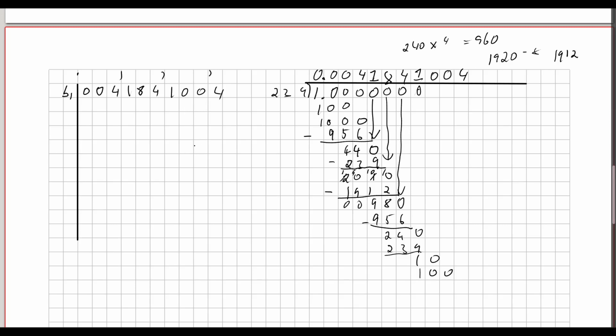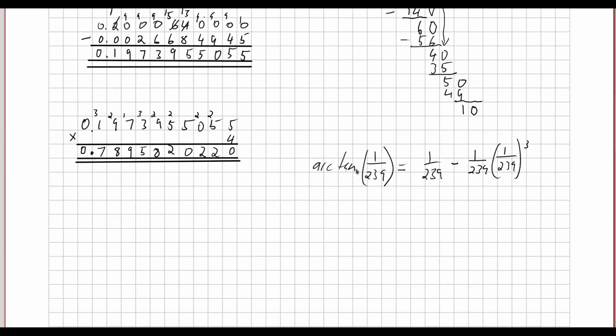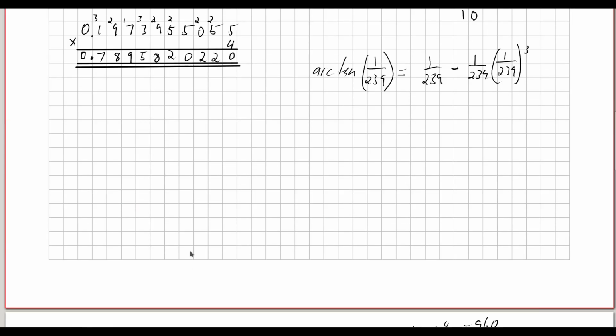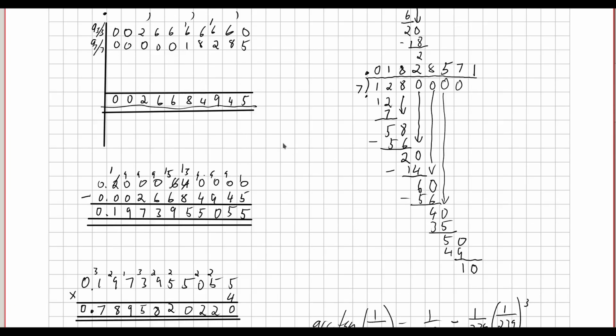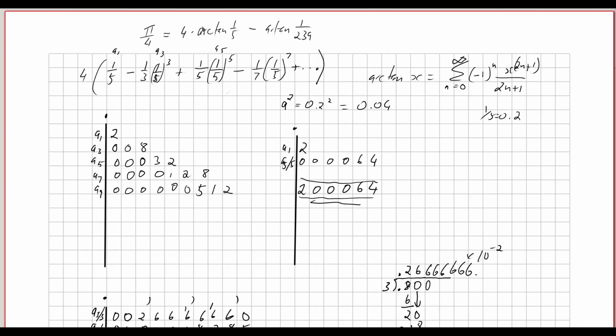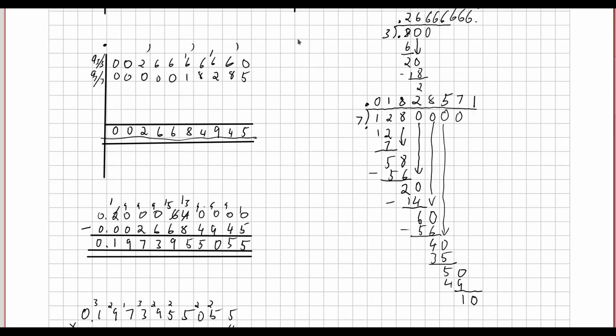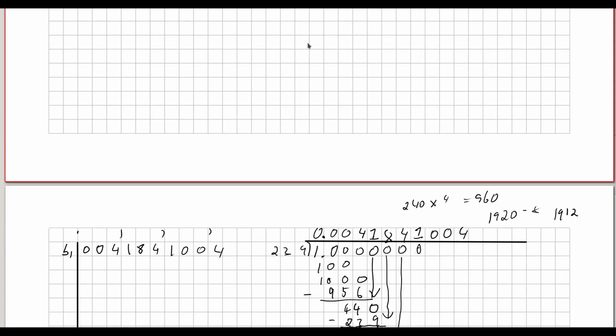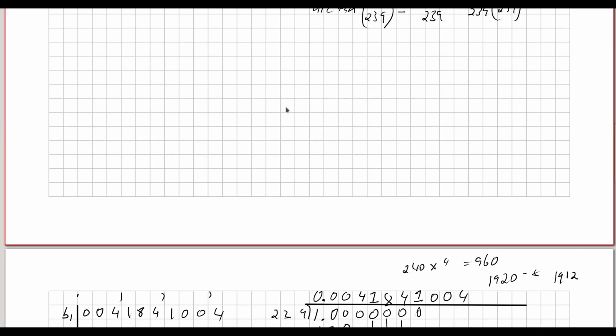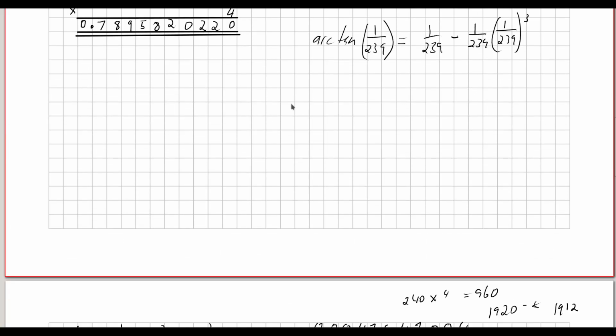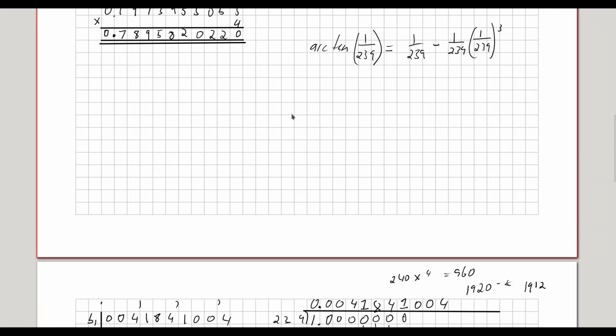So now we'll have to take this value away from this, because we've calculated 4 times arctan 1 over 5, take away the arctan, we've just calculated the approximation of arctan 1 over 239. So let's do that. Will it be better to do it up here? I'll zoom out a bit.